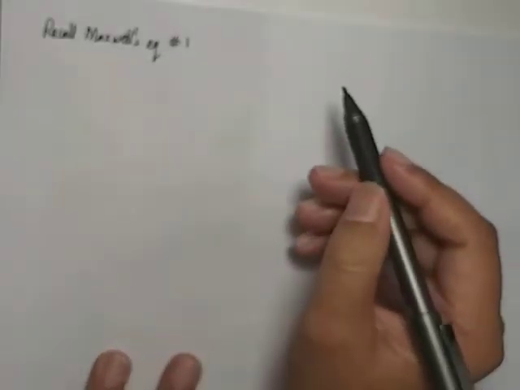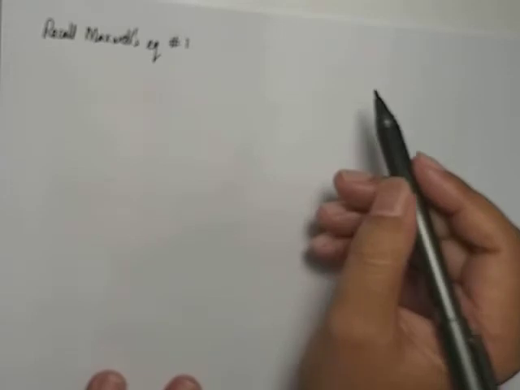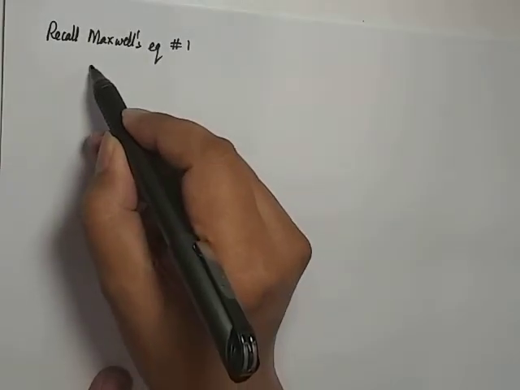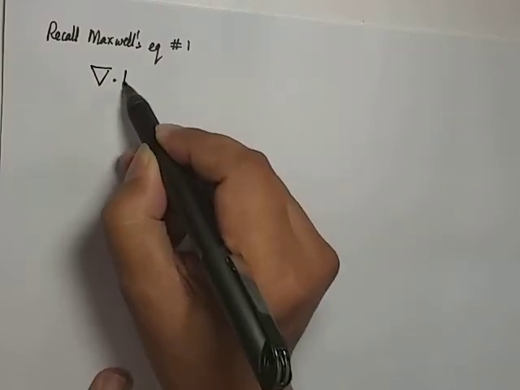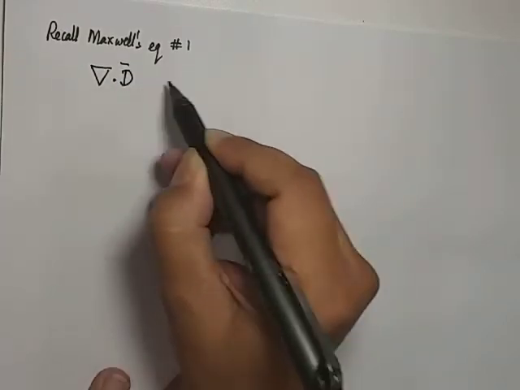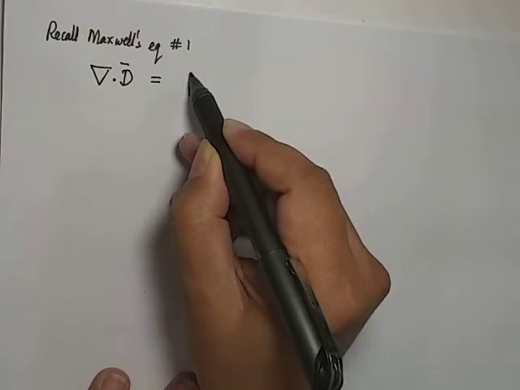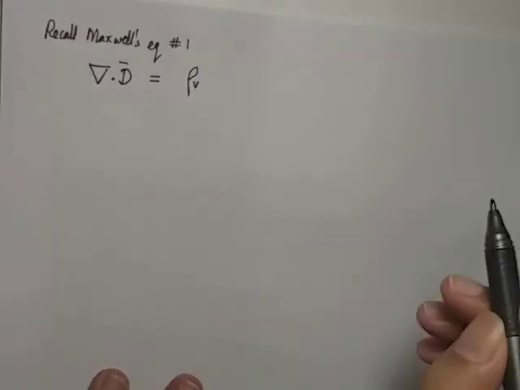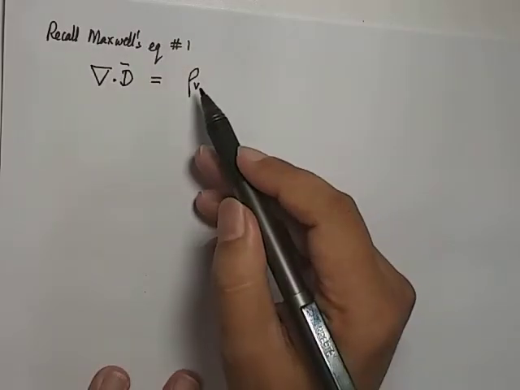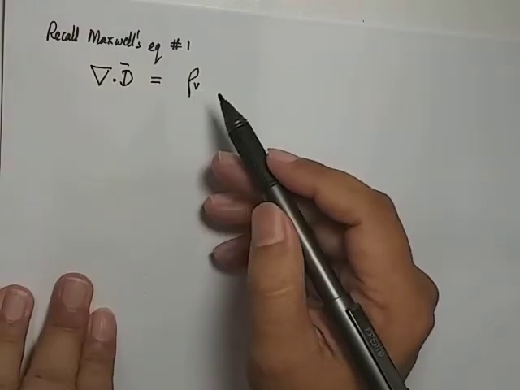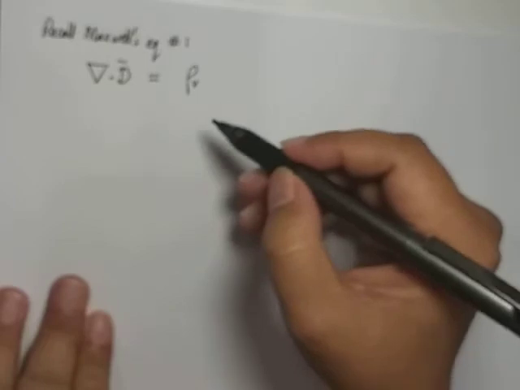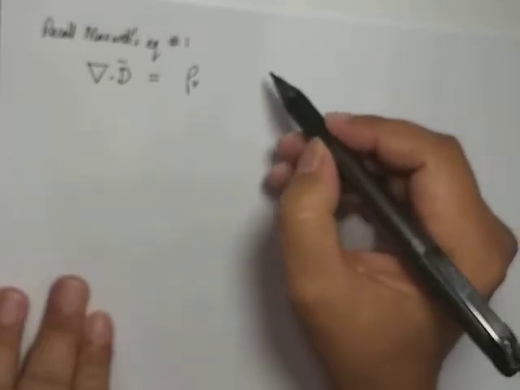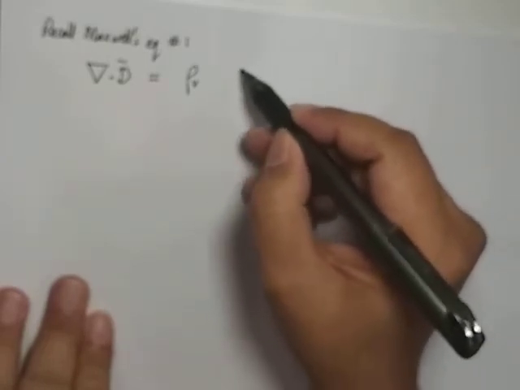Okay, so remember the equation of Maxwell number 1? I'm sure most of you still remember. We said that the divergence of D is equal to rho V, correct? When we talk about this equation, the medium of interest is known as free space. Do we agree?